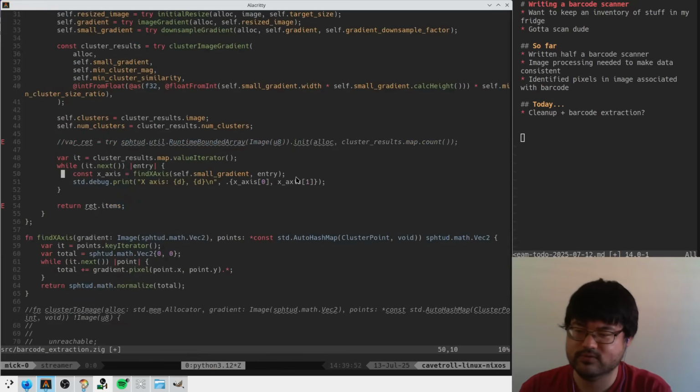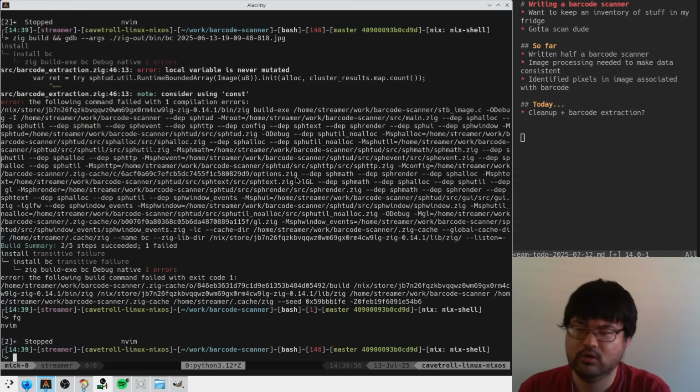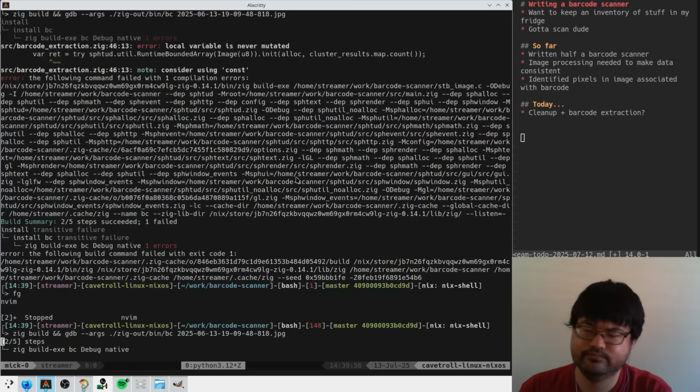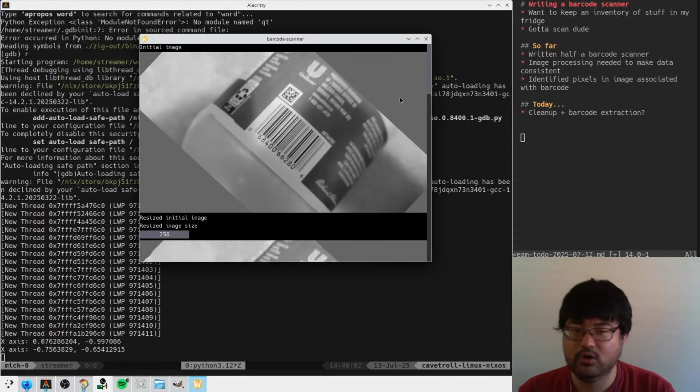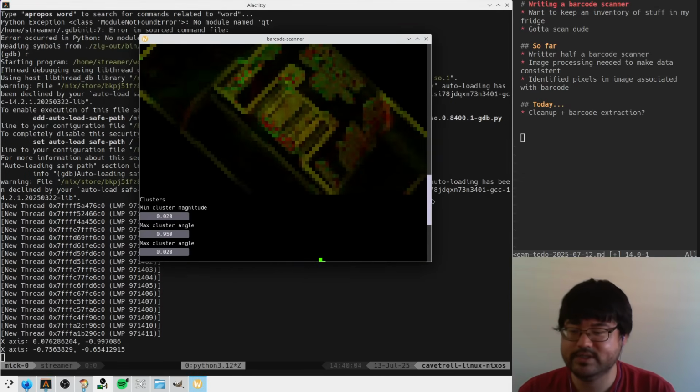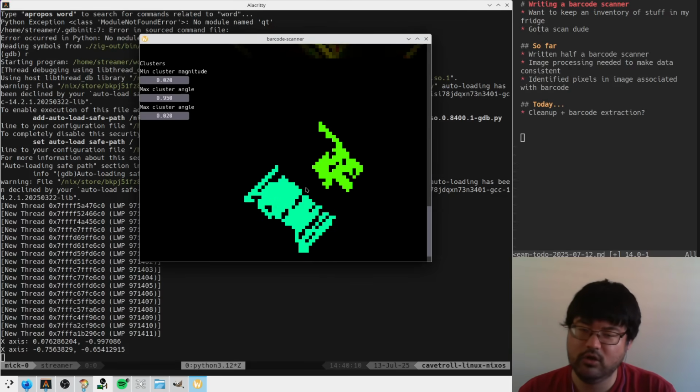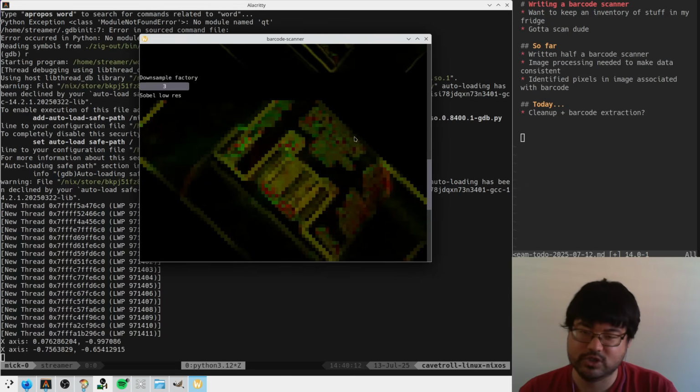Can we ignore this for a second? It's fine. So on one of these, the x-axis is almost totally vertical, which is probably this one, right?